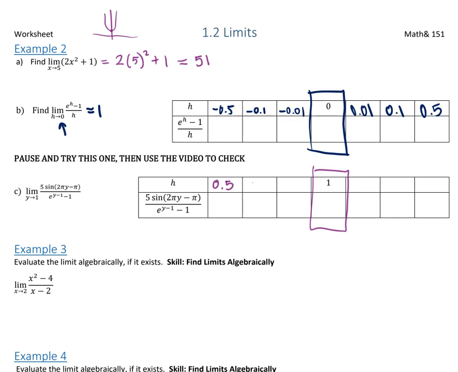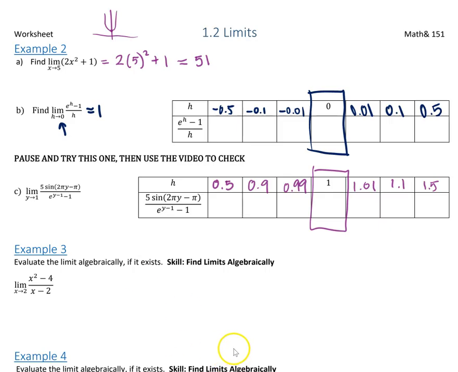That's great again, but then I would want to go up to 0.9 and maybe up again to 0.99. On the other side, I'd maybe want to start at 1.5 and work my way in. So then I'd say, let's drop it down to 1.1 and then down to 1.01. So that is how I would set up a table, a starting point for this one.